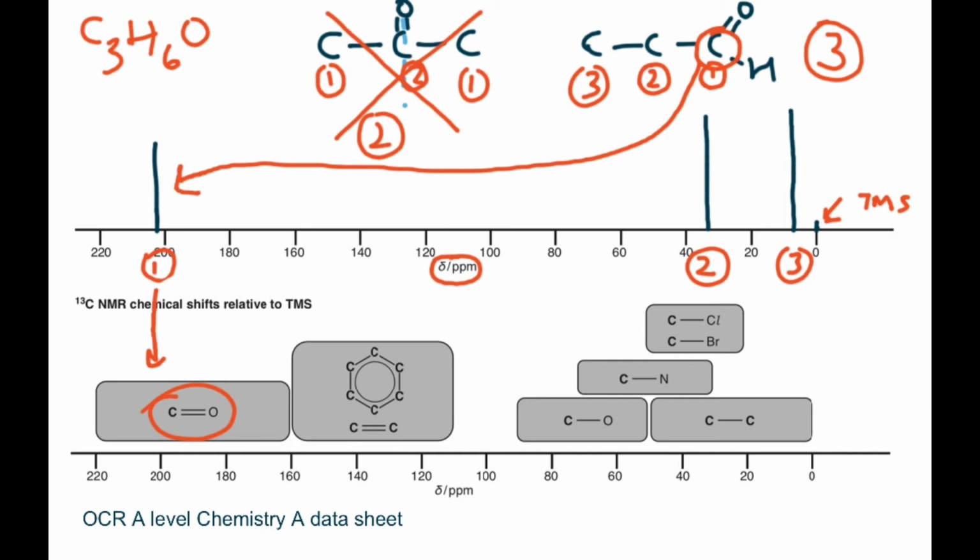It's a C double bond O, so that matches. We've got 2 more carbon environments, and they both match just a simple C-C bond. So these are carbon 2 and carbon 3. So that spectrum is a spectrum of propanal.